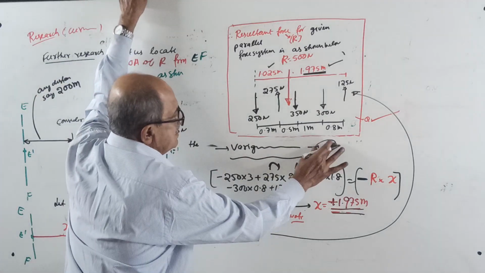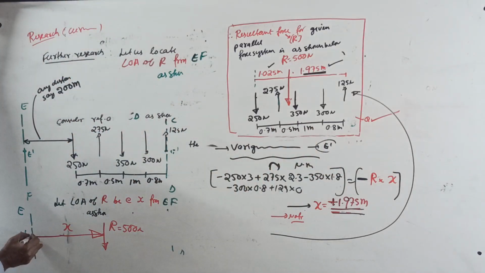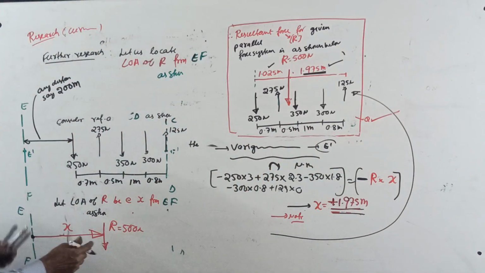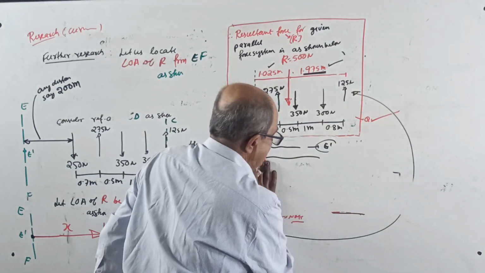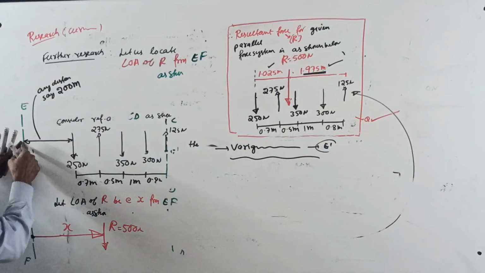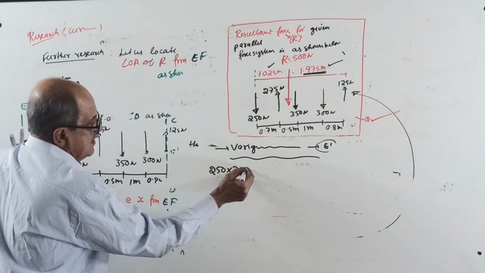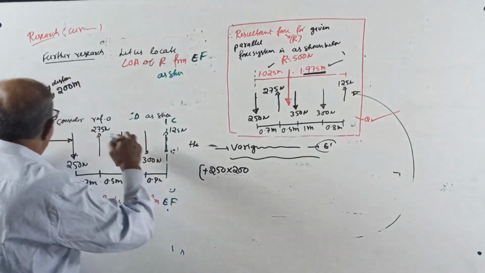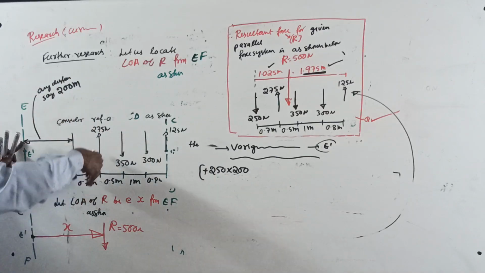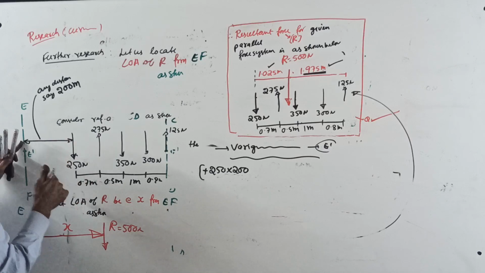Apply Varignon's theorem about the point E dash, about this point. Same story once again. Take moment. 250 into 200, clockwise, minus 275 into 200 plus another 0.7.